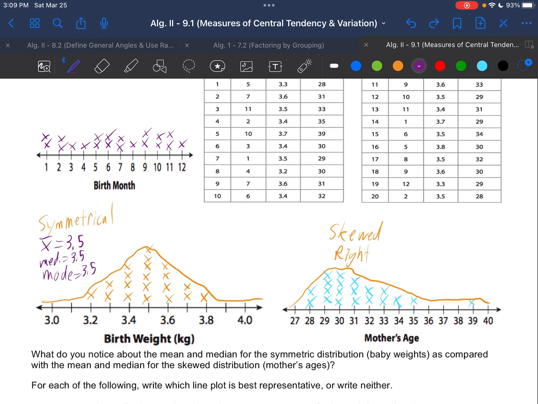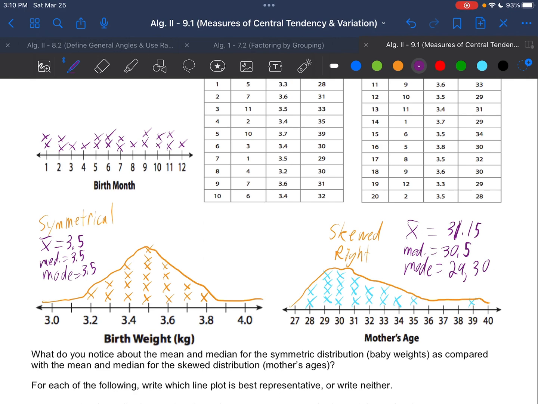Whereas here, the mean, median, and mode are 31.15 for an average age. The middle age is 30.5, and the mode are the most common of 29 and 30.